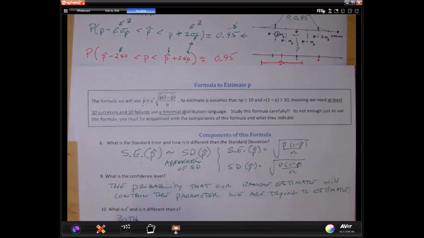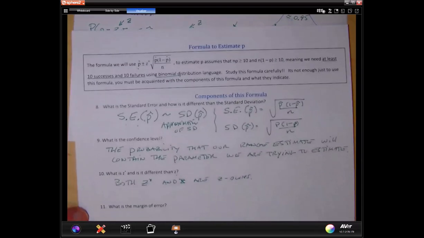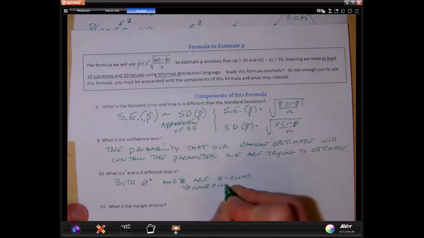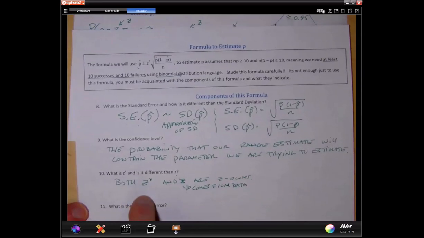Both z star and z are, well, z stars, so that part is exactly the same. So why do they have a little star here and no little star before? The answer is because this usually comes from data, and this one will not come from data.